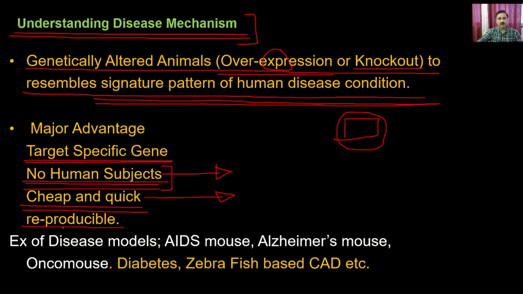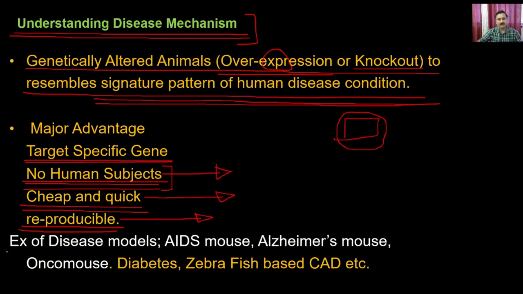Then it is going to be reproducible, because transgenic animals have minimal variation from one animal to another, whereas in the case of humans, it is very different, because one human who is also diabetic or hypertensive is very different from another human, because of the local environment, the human psychology and all the kinds of factors which contribute to the physiology of a human subject.